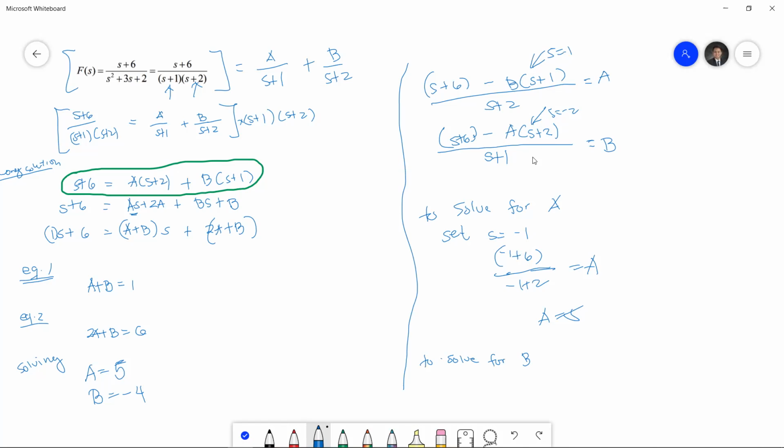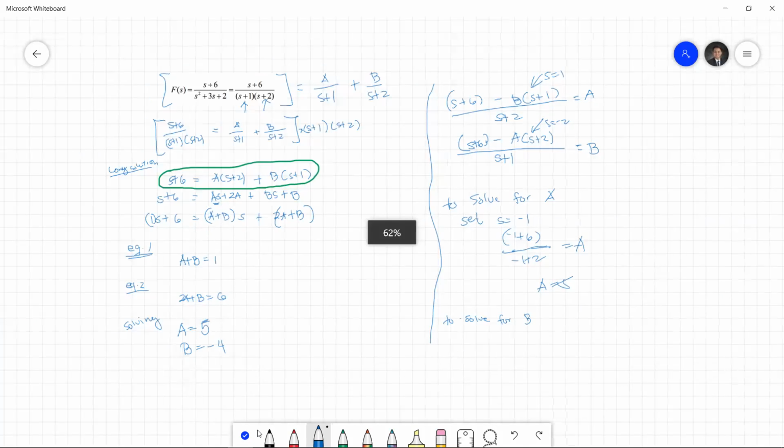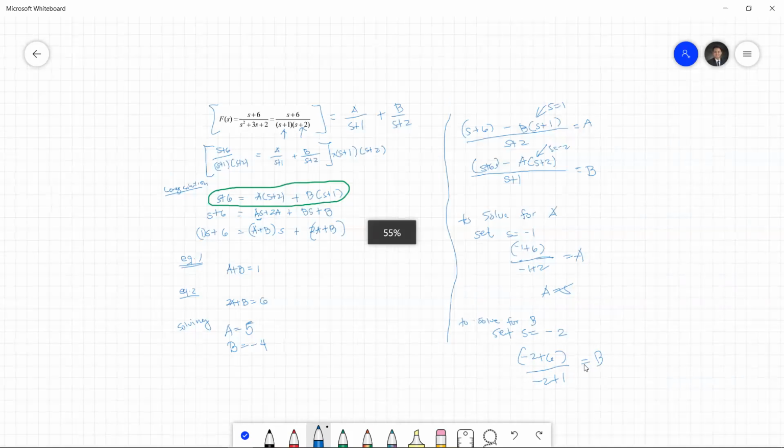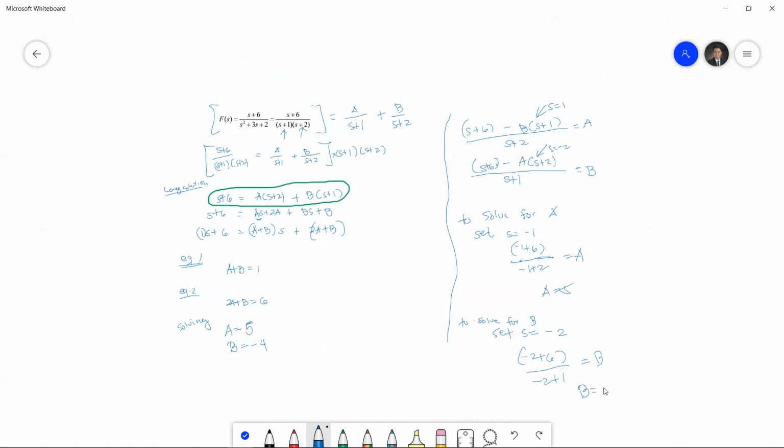Okay? So, ganun lang. So, to solve for B, ang ginagawa nila, set mo yung S is equals to negative 2. Okay? So, substitute mo, negative 2 plus 6 over negative 2 plus 1 equals to B. Okay? Therefore, yung B natin is negative 4.